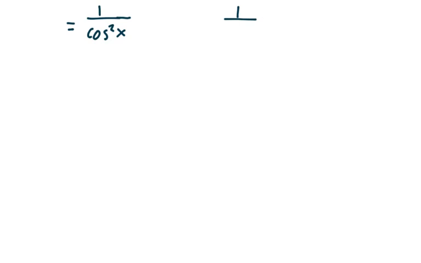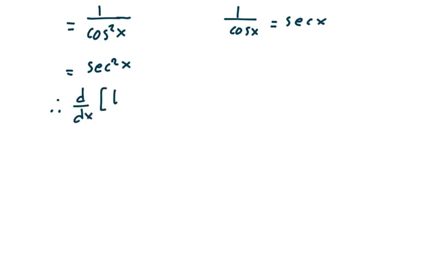But remember, 1 over cosine x is equal to secant x, right? And so this is secant squared x. So therefore, the derivative of tangent x is equal to secant squared x. That's how we do number 5.